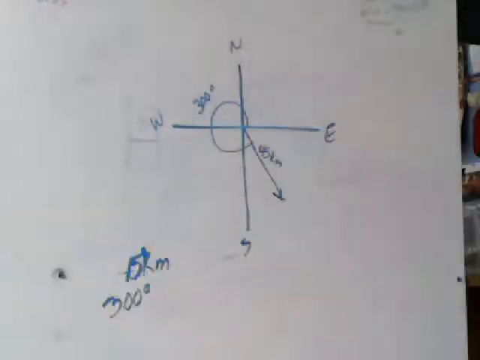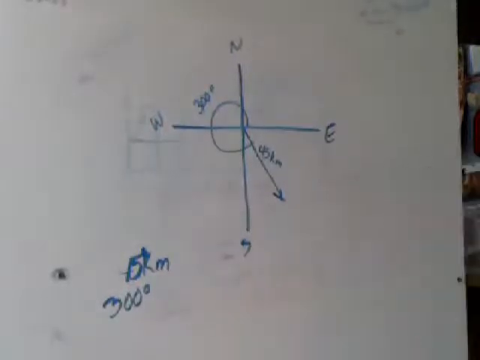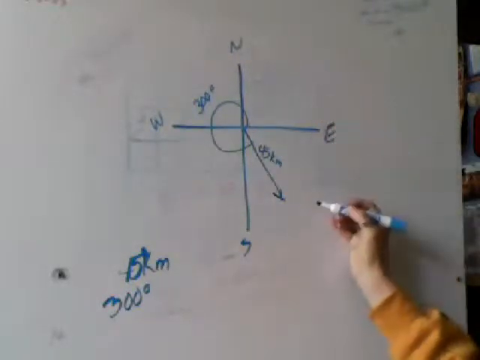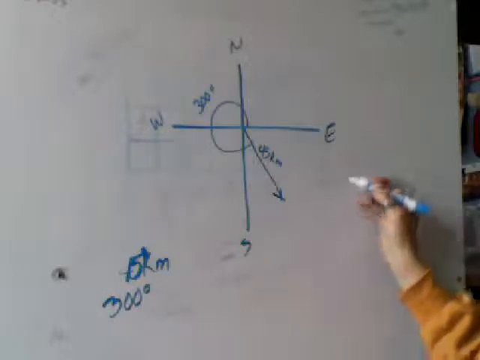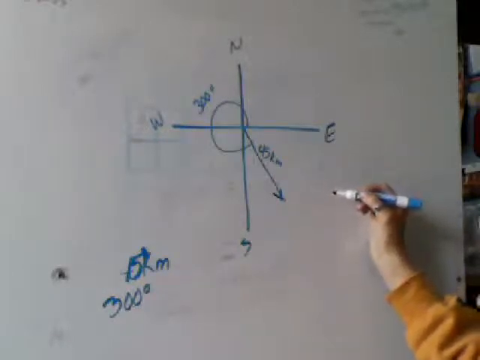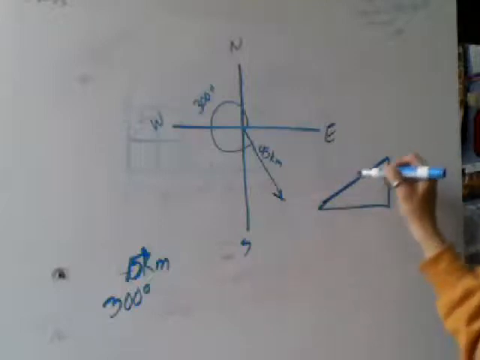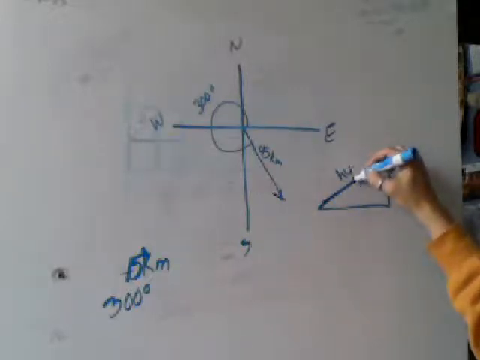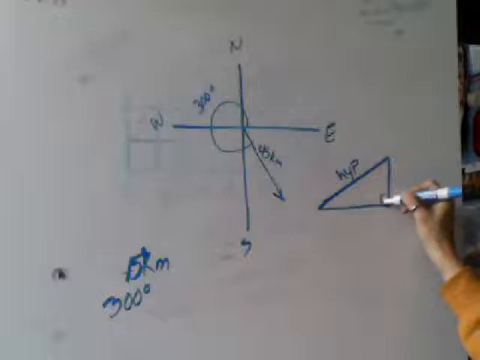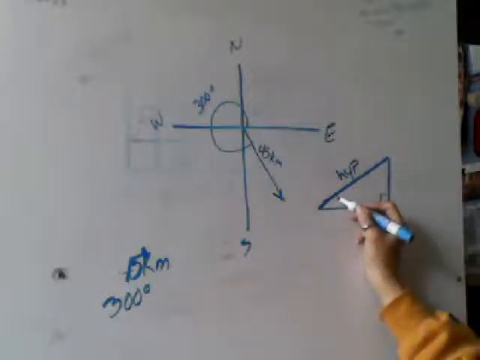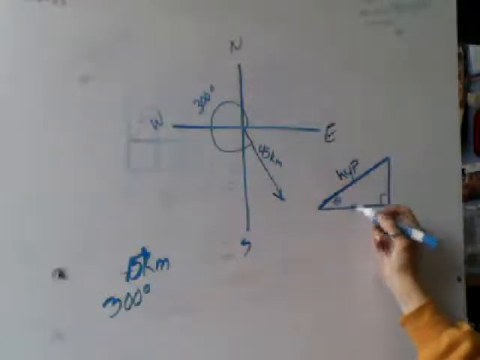So now, using our trigonometry, we can figure out, and you say, what's our trigonometry? Well, we remember that we have our right triangle. We remember that this is the hypotenuse. This is our right angle. And we designate this as angle theta.